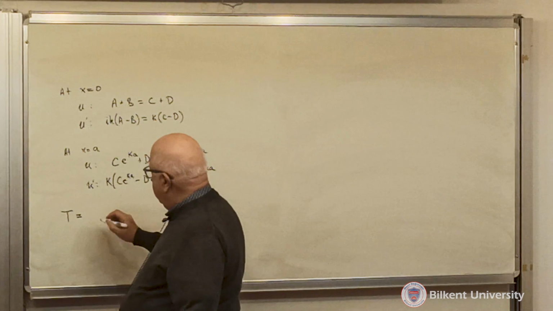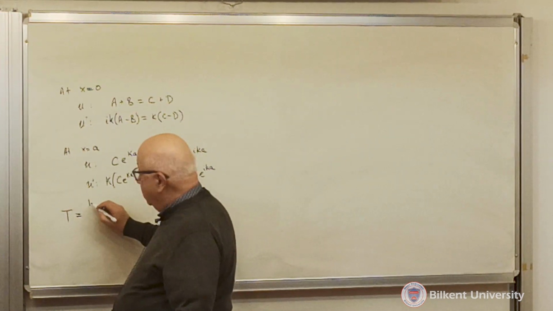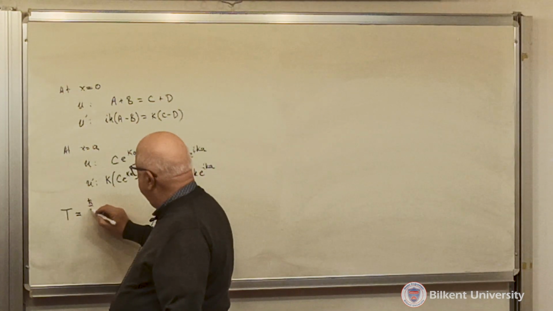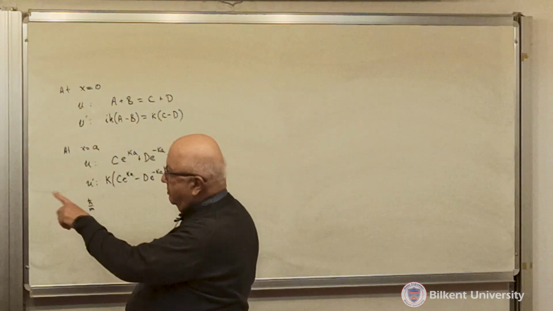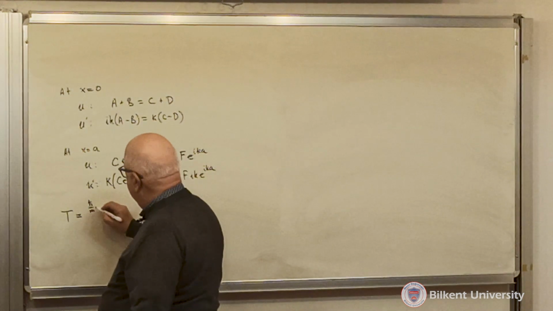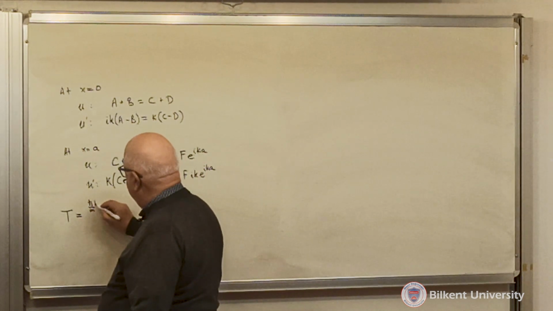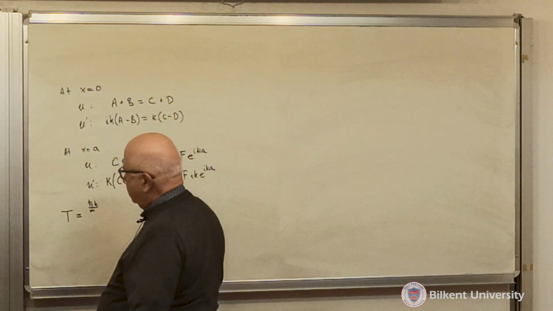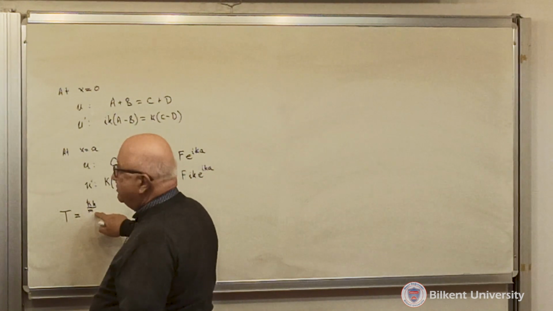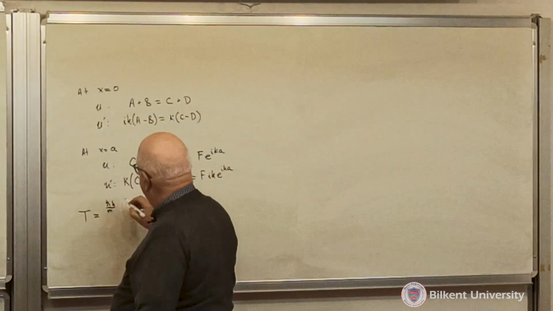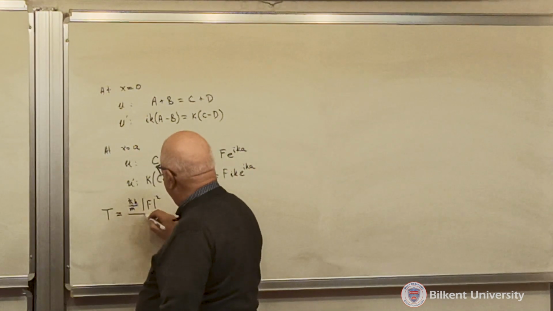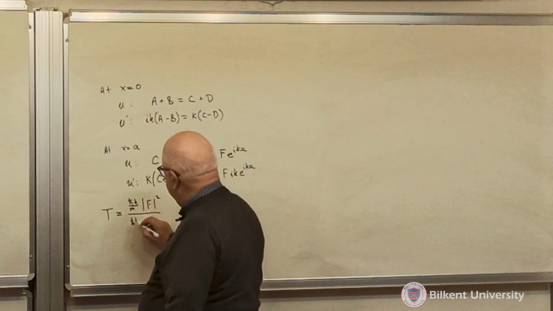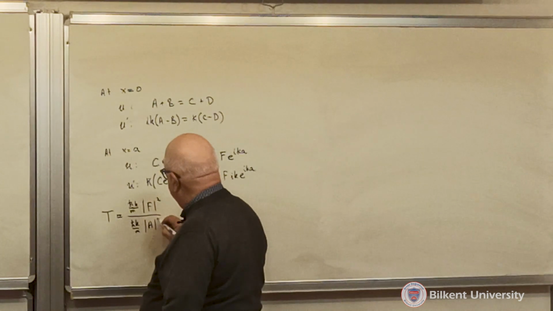It's going to be h bar over m times k, so h bar times k times f squared divided by h bar k again divided by m divided by a squared.